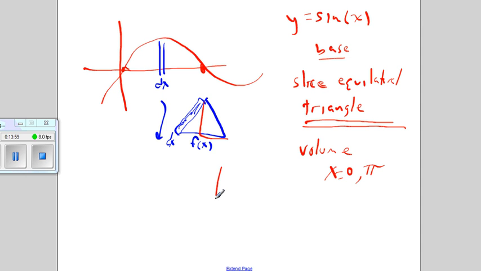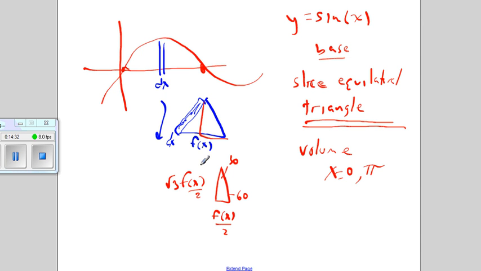we know that half of the triangle, that's f of x over 2. We know that this must be 30 and 60 because it's an equilateral triangle. So this side would be f of x over 2 times root 3. So our little bit of area, the area of the whole triangle, so that's just a piece of it.